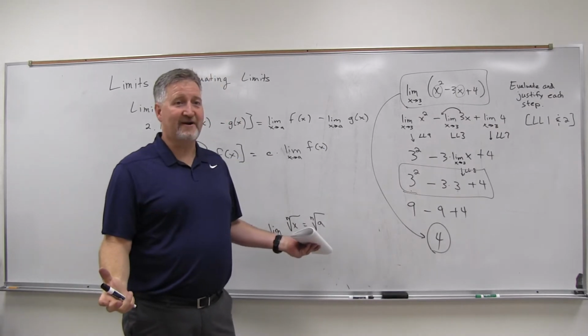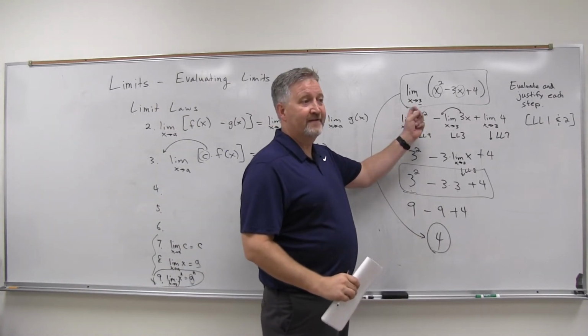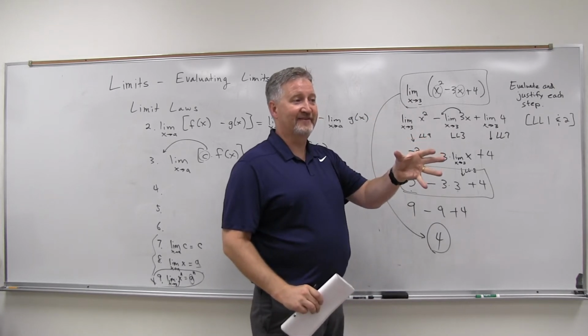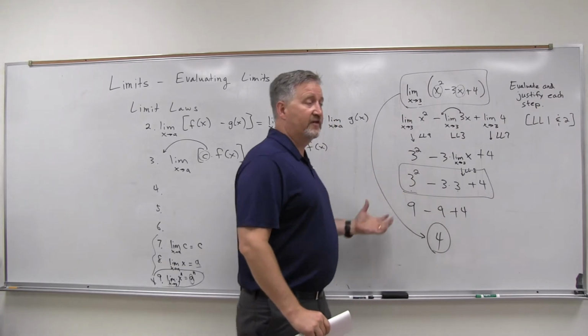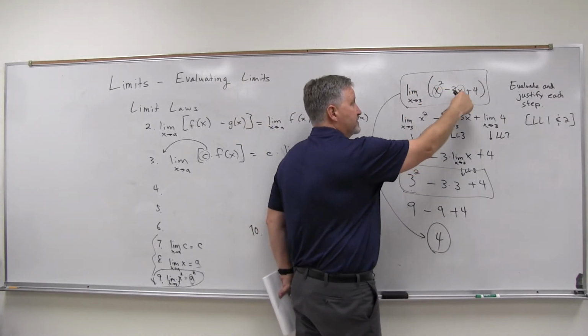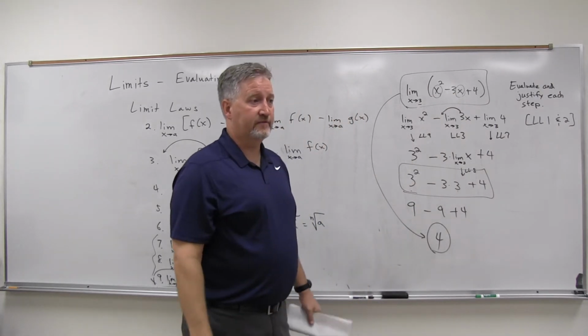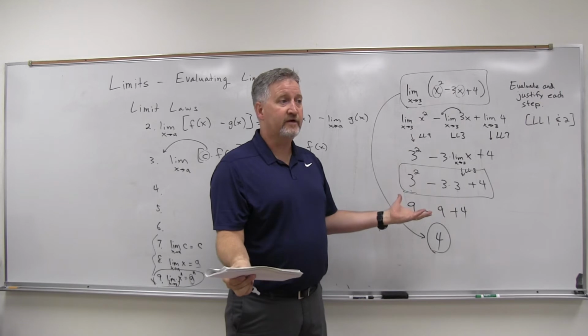I just plugged in the numbers, right? I plugged in what the x value was going to. That's the good news to this. And it's because of all these limit laws. When I get a limit down to where I can just substitute whatever the x value goes to, when I can just substitute that in, that's how I'm going to do it.